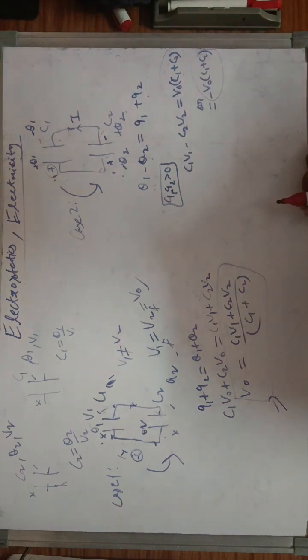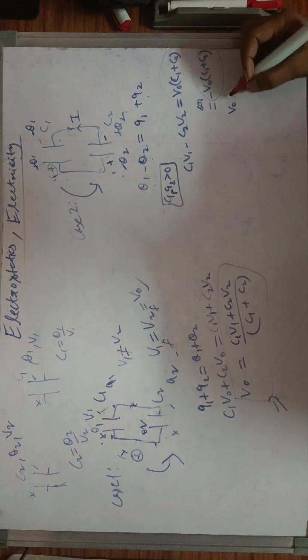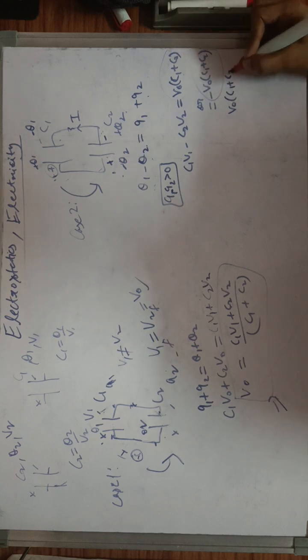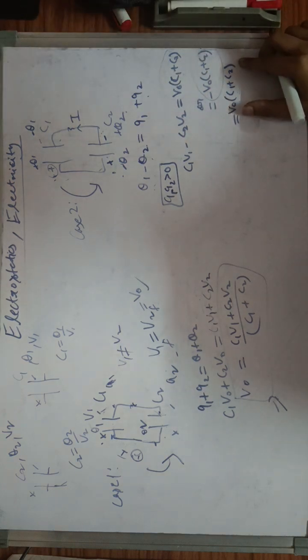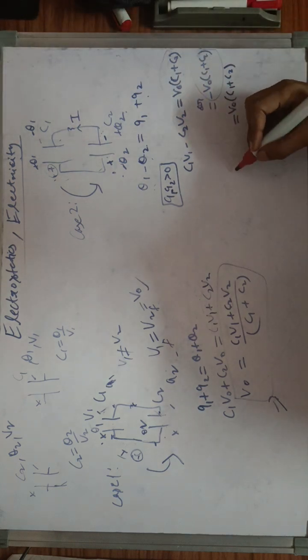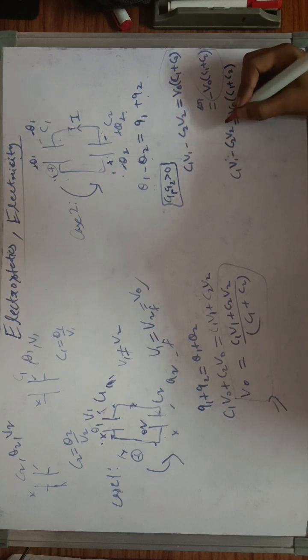So I can simply say that V naught times C1 plus C2, since this is a positive value, is equal to the modulus of C1 V1 minus C2 V2.